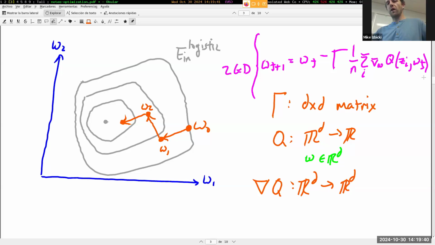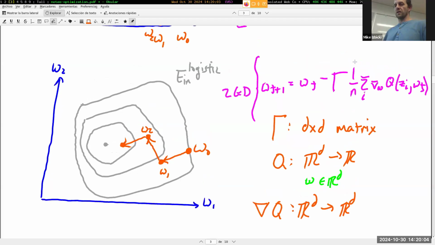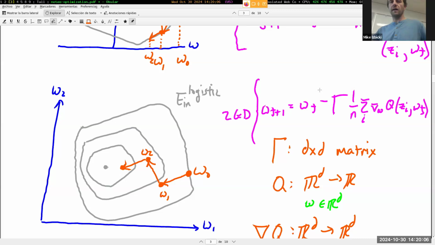The output of this gradient of Q is a d-shaped vector, and the matrix over here is a d by d matrix. So this whole thing will have the same shape as our w_t. That's just a quick type checking thing to verify that this is a reasonable thing to do.